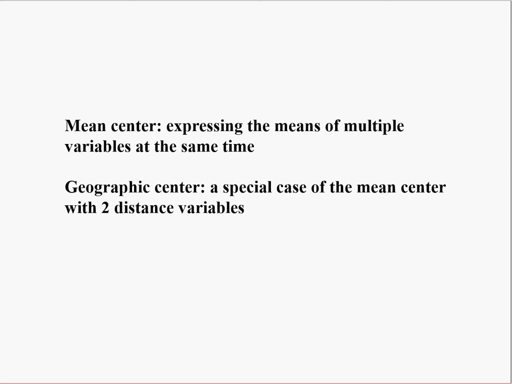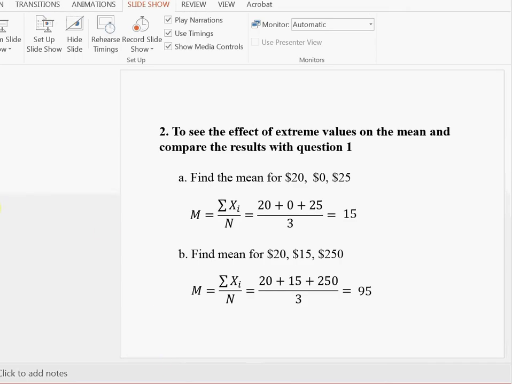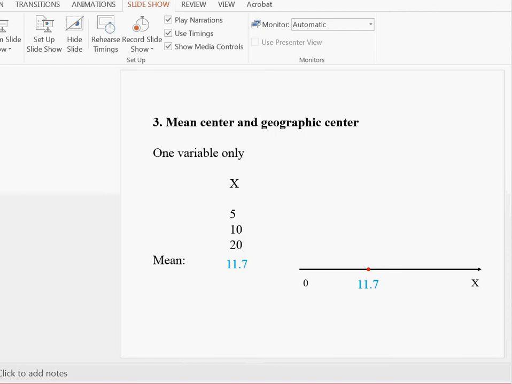Then we have the notions of mean center and geographical center. The mean center expresses the means of multiple variables at the same time. Let me go to the other slide here.